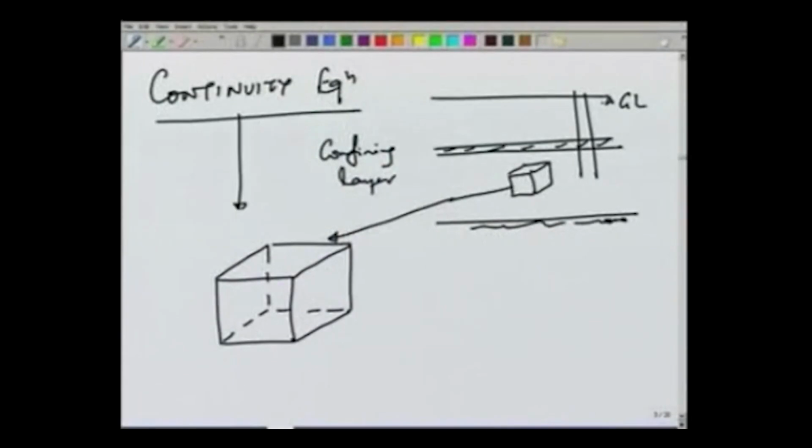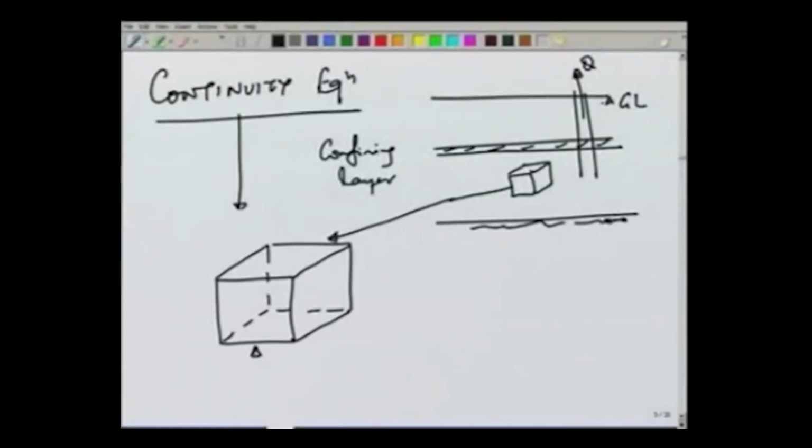For example, if you are pumping from a well, then the piezometric head will be symmetric about the well in the radial direction, and there we may be better off using a radial coordinate system. But let us start with the Cartesian coordinate system.